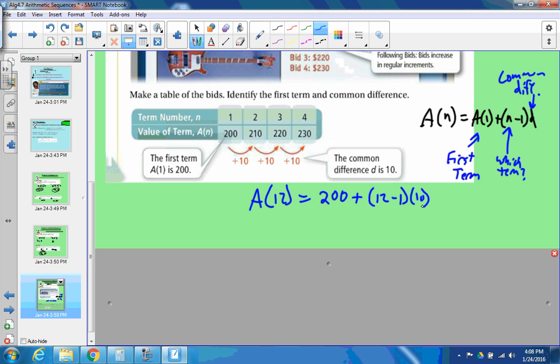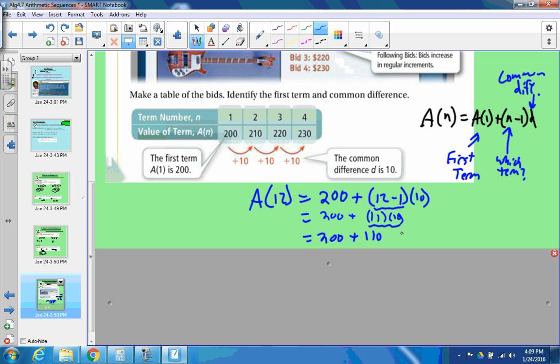All right, and really we're just doing order of operations to solve it. Parentheses first, so we do 200 plus 11, since 12 minus 1 is 11, times 10. No exponents in there, so let's do multiplication next. 11 times 10 is 110.